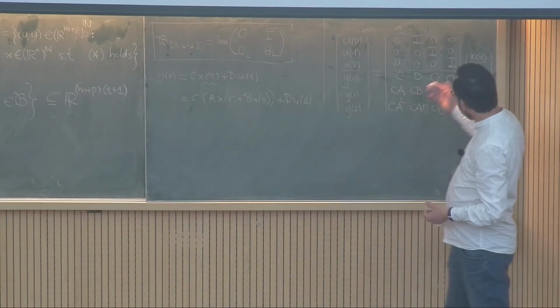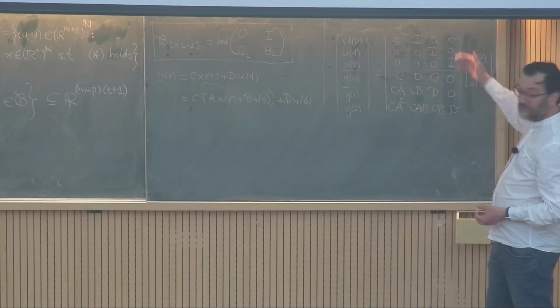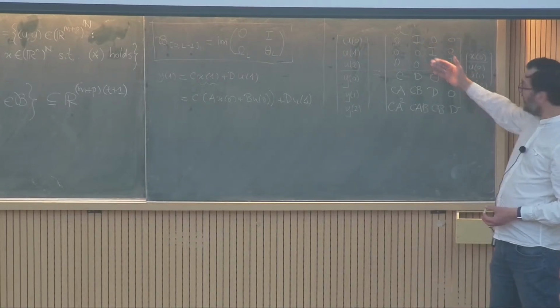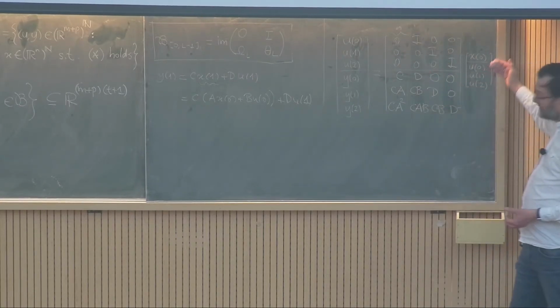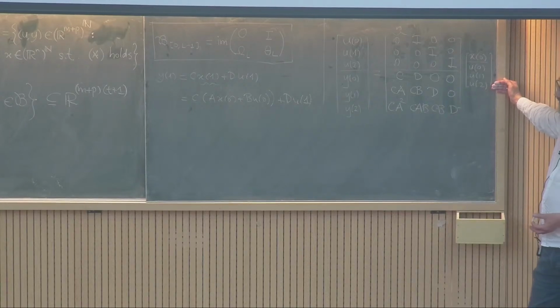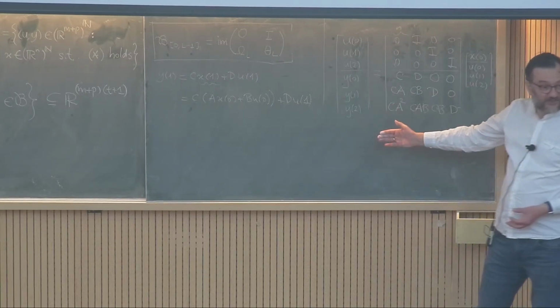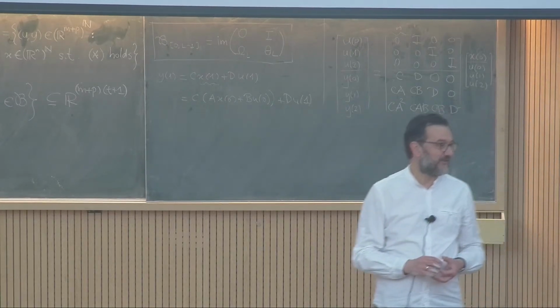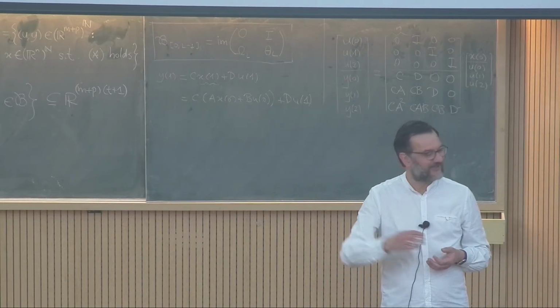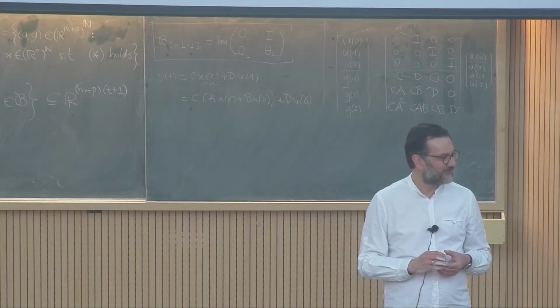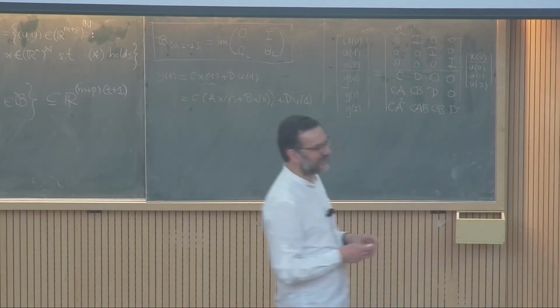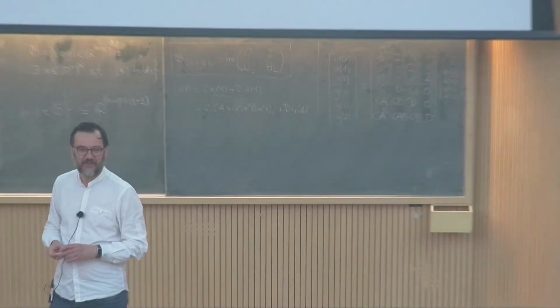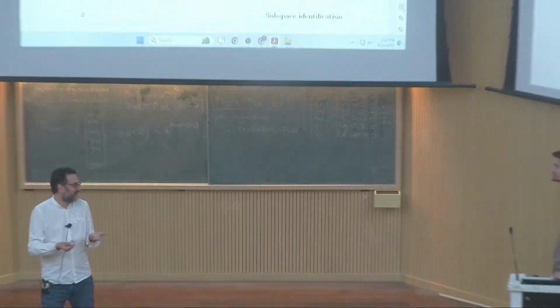Because if I take something in the image of this matrix, it is going to be this matrix times some vector, and it is going to be in the restricted behavior. Of course, there is a catch because I need to continue forever, so that I can obtain something in the behavior. But that has to be done.